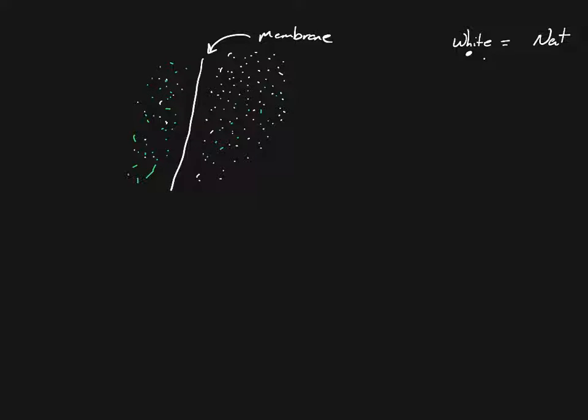The green dots are chloride ions, so sodium chloride, table salt. They're separated in the solution. On one side of this membrane, you have one ion. On the other side, you have the other. On which side is sodium ion more concentrated? Let's call this outside, and let's call this inside.